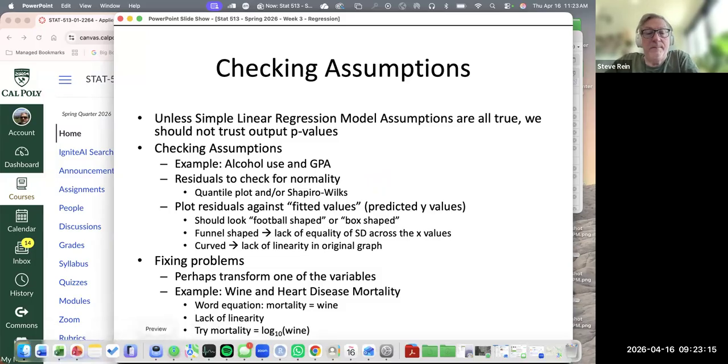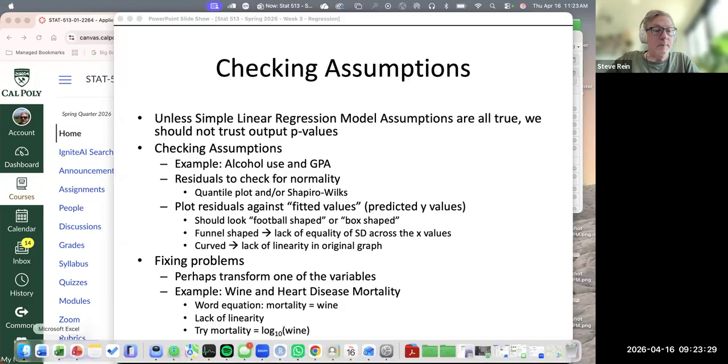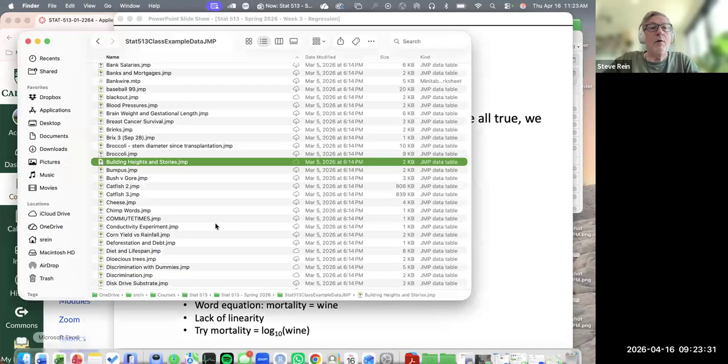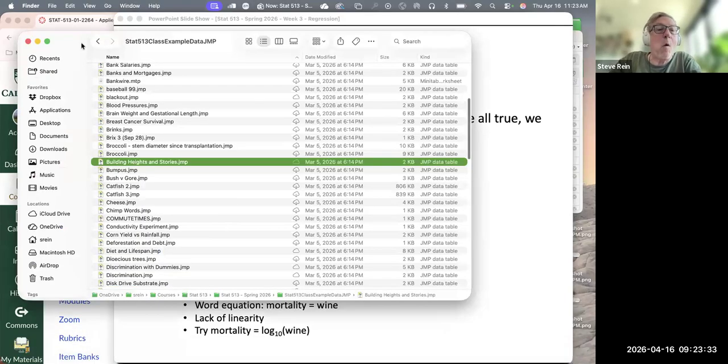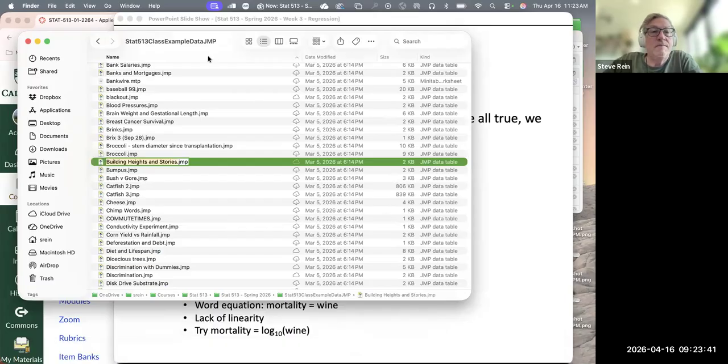So what's a good data set? Yeah, well, let's try the building heights and stories. So we had that from last time.